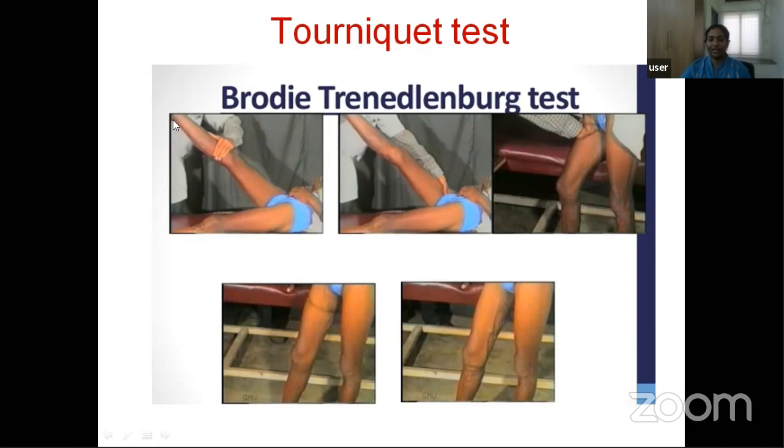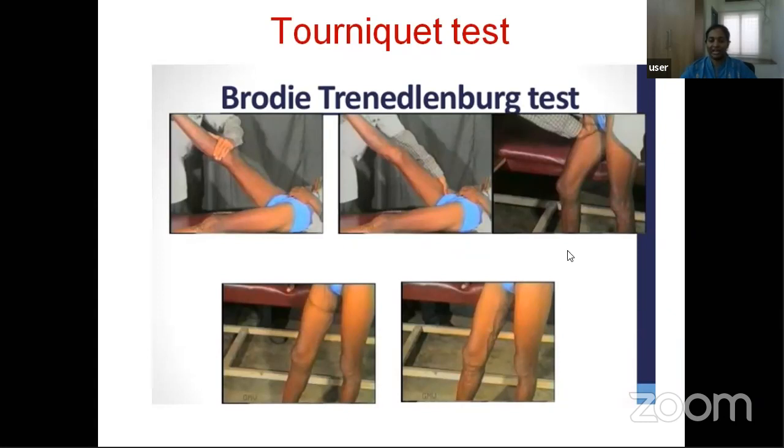That means we try to push the blood and empty the veins. Then at the inguinal region or in the upper part of the thigh, we tie a tourniquet. A tourniquet is a ligature which can be used for stopping the venous flow.